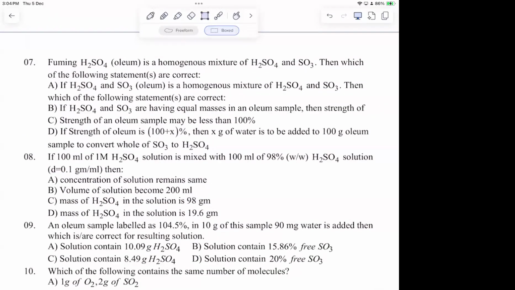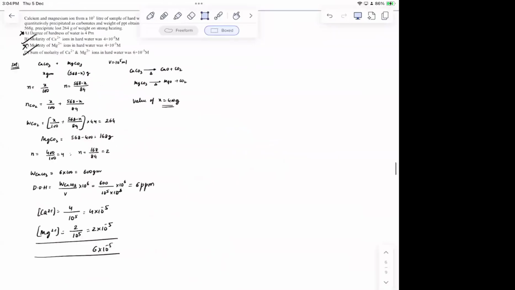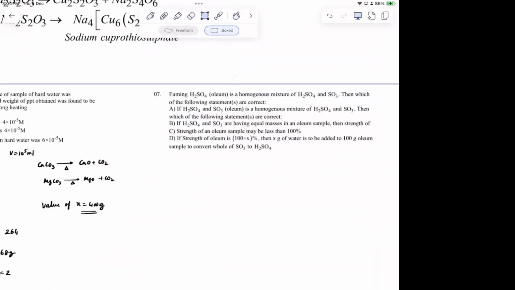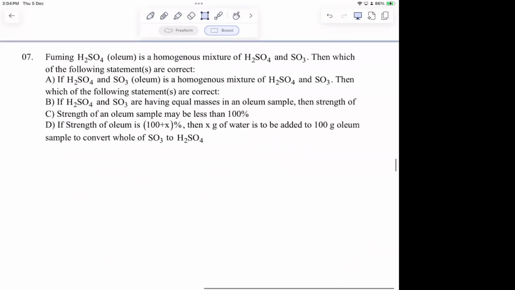So let us do this oleum case here. Fuming H2SO4 is a homogeneous mixture of H2SO4 and SO3.